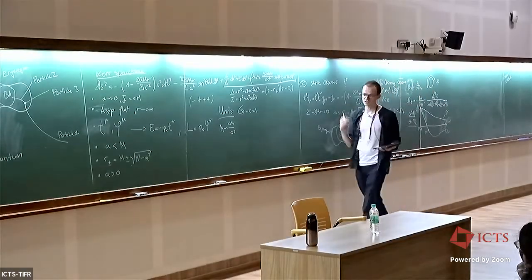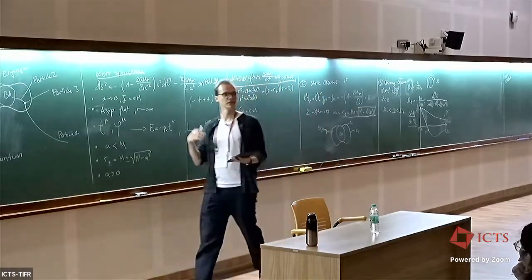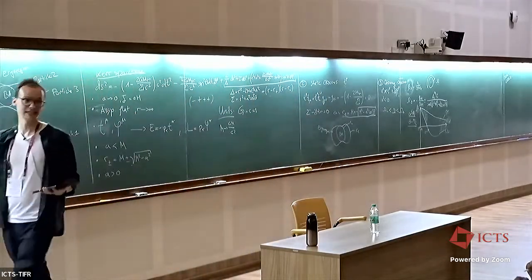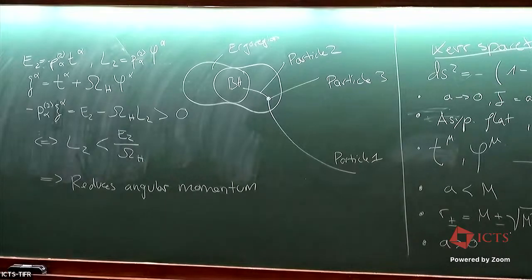And so as you spin down the black hole, the Ergoregion disappears, and therefore at the end of this process, you can't extract more rotational energy. So in that sense, it's self-regulating, because it removes the way to extract the rotational energy.